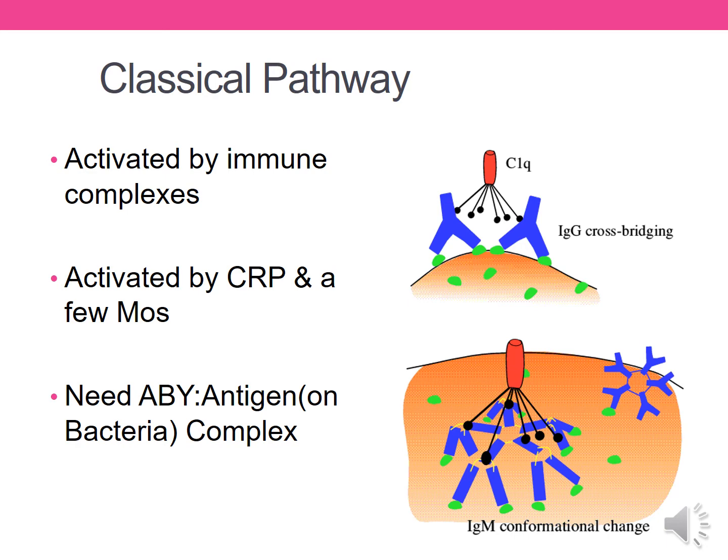However, there are a few instances where CRP, C-reactive protein, and a few microorganisms can activate the classical pathway, and during this activation with CRP or microorganisms, an antibody is not needed. But probably 99% of the time, antibody is used in starting the classical pathway.